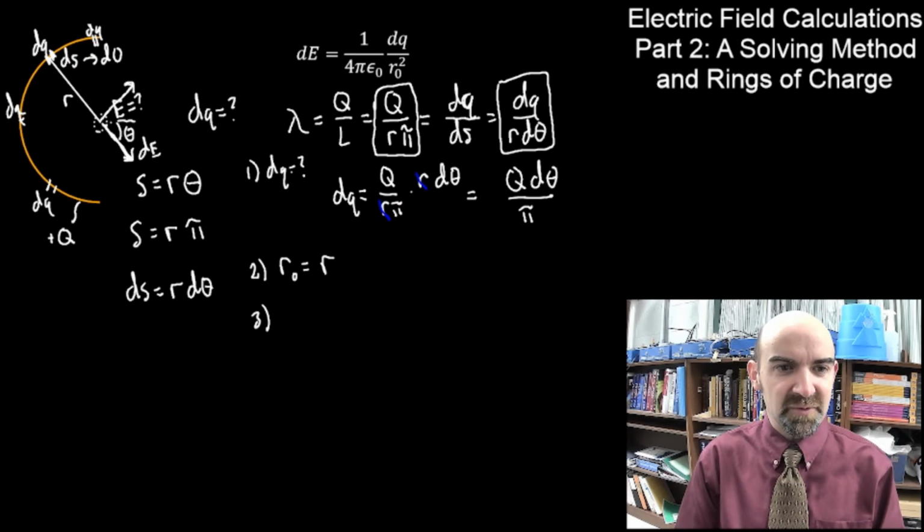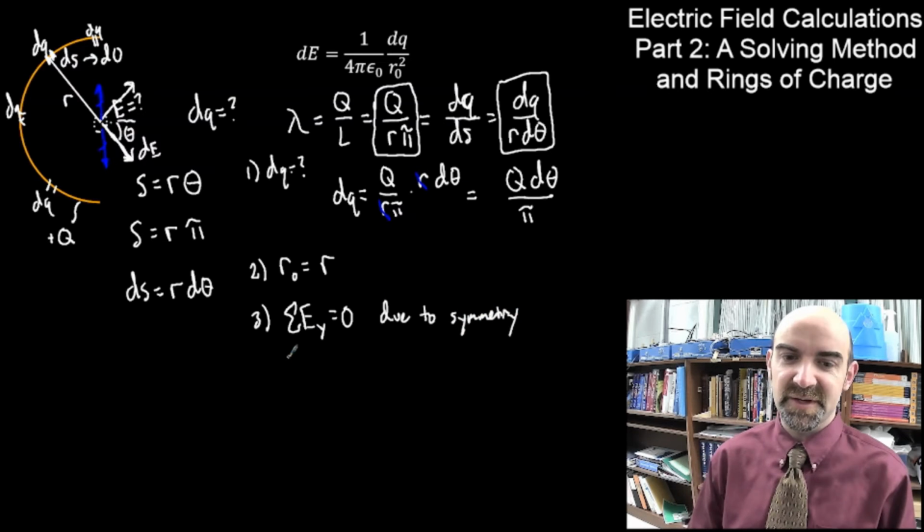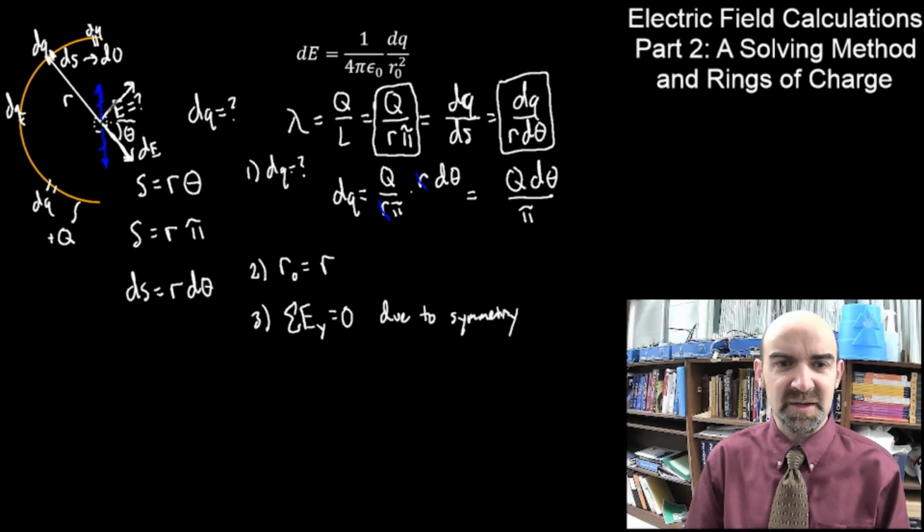They can have components that cancel, and those would be the y components. So the sum of our electric field in the y direction is going to be 0 due to symmetry. But the x components will add up, so we have to figure out what that is. That's where step 4 comes in.